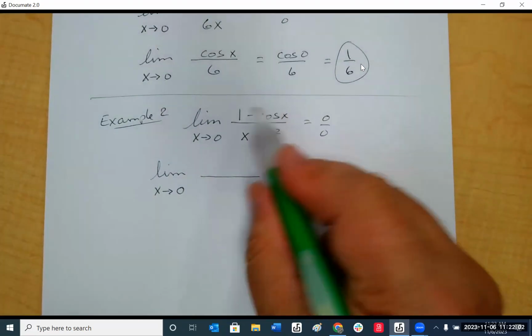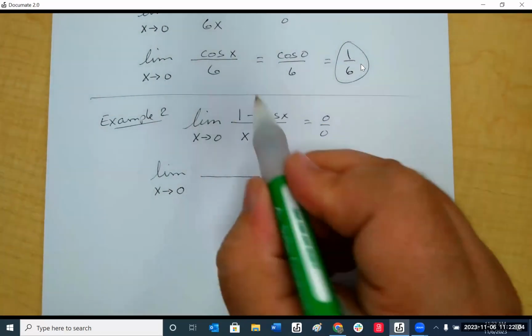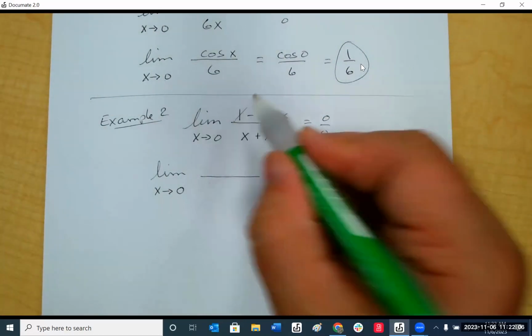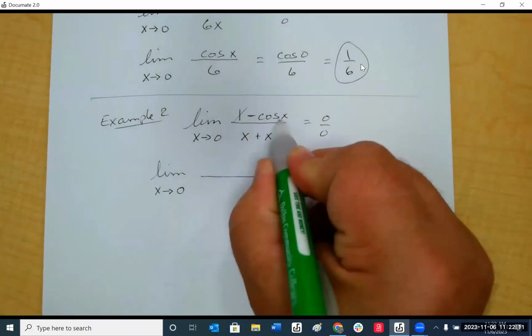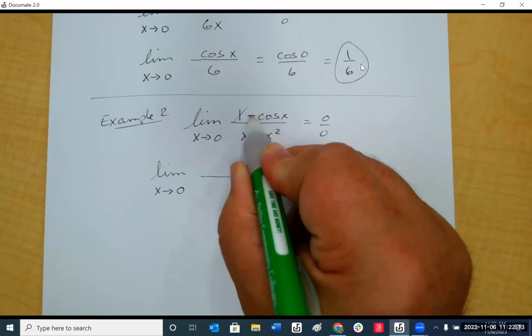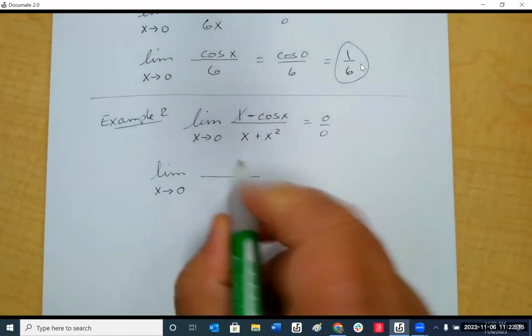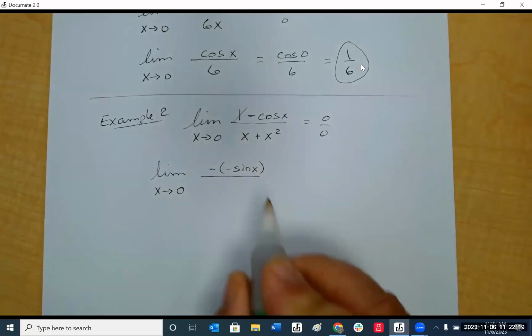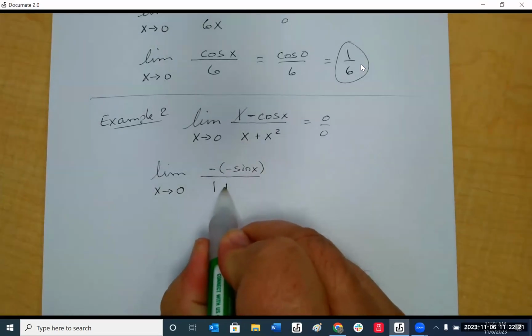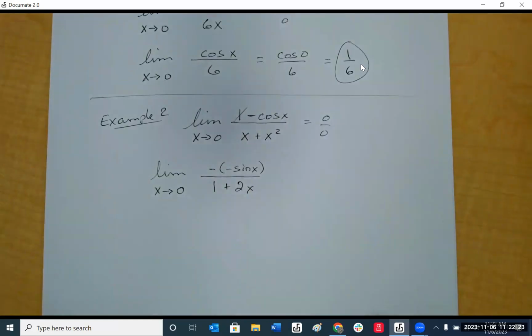Since they're all addition and subtraction, we take each one separately. So the derivative of 1 is 0. Negative cosine: the derivative of cosine is negative sine, so the negative and the negative will cancel. 1 plus 2x.